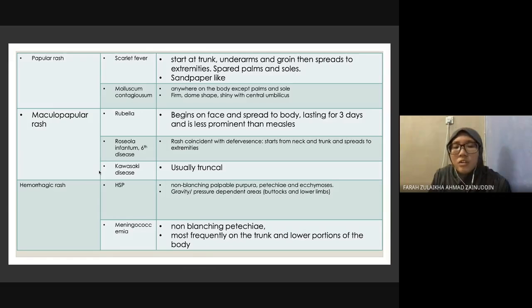And next is hemorrhagic rashes. How can we differentiate between HSP and meningococcal? HSP is a non-blanching palpable purpura, petechiae and ecchymosis, and the location is specifically at the gravity or pressure dependent area. However, for meningococcal infection, meningococcemia, it is a non-blanching petechiae, frequently found on the trunk and lower portion of the body.